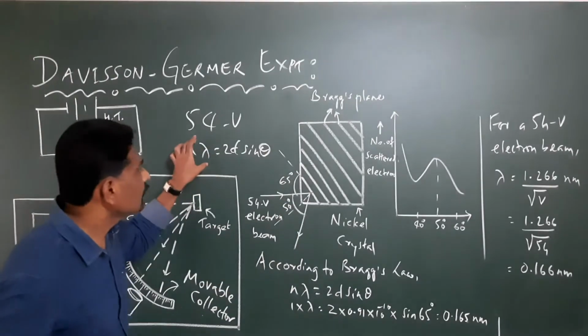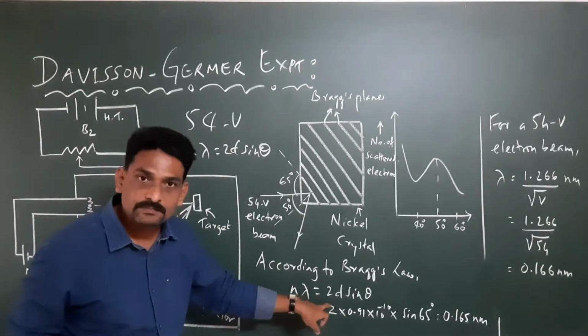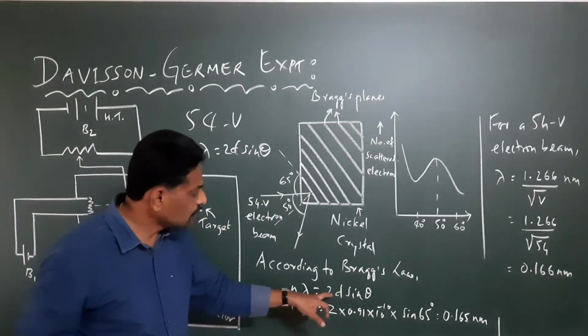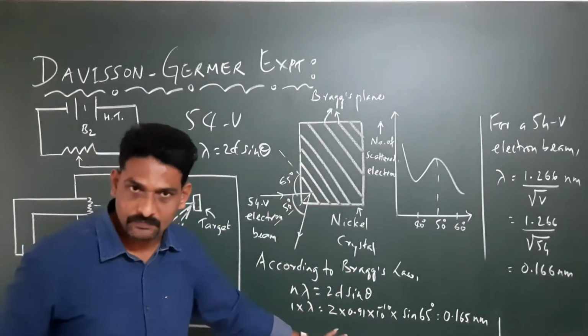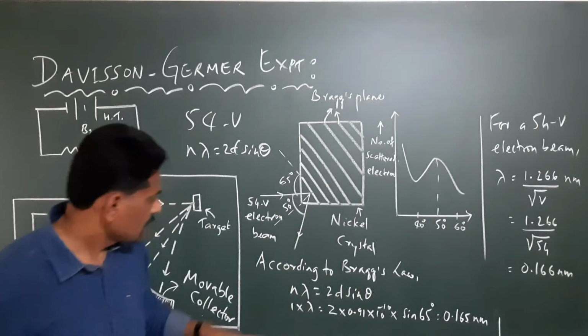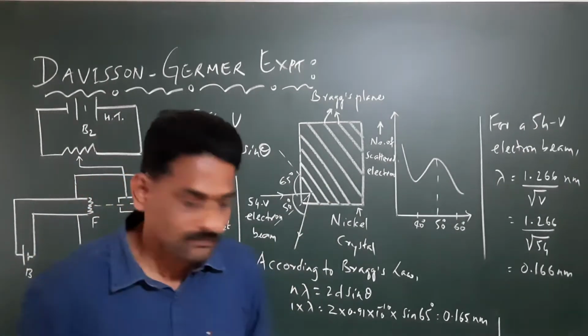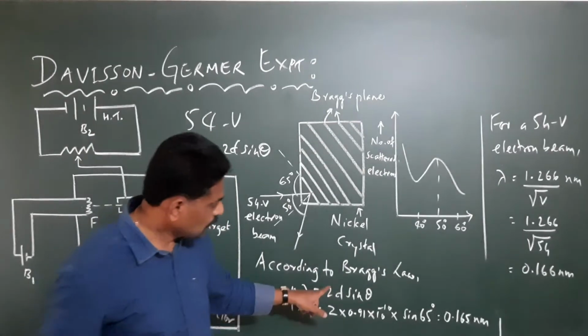Now we are trying to apply this to Bragg's law. According to Bragg's law, n lambda equals 2d sin theta, and we substitute the values. What is n? We take n as 1 to make it simple, first order spectrum. We want to calculate the lambda value. 2 as it is.